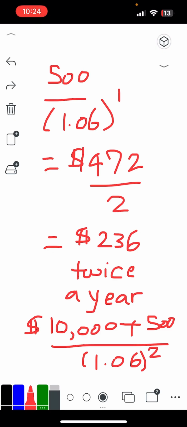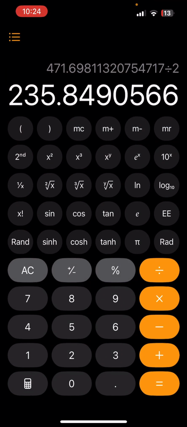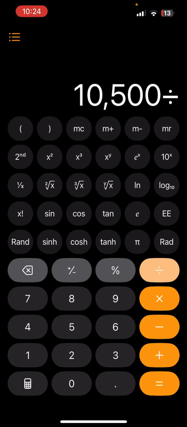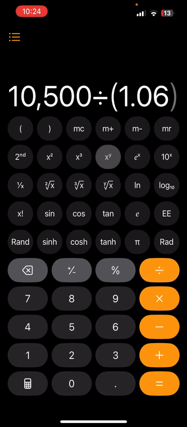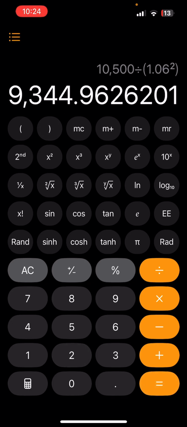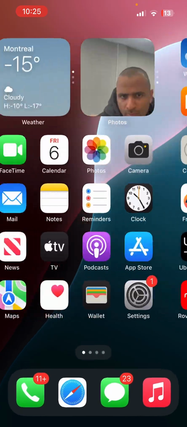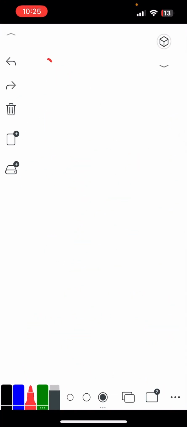So this will be 10,500 divided by 1.06, all raised to 2, bracket closed. This will be $9,345.